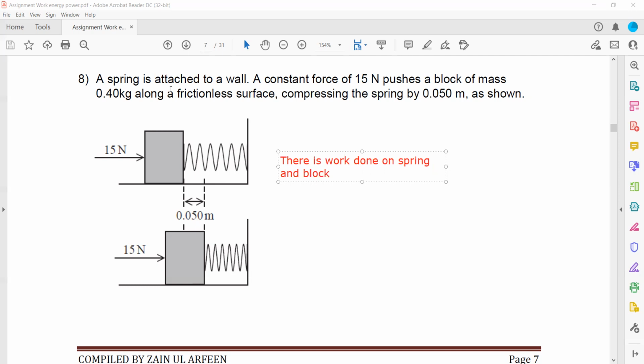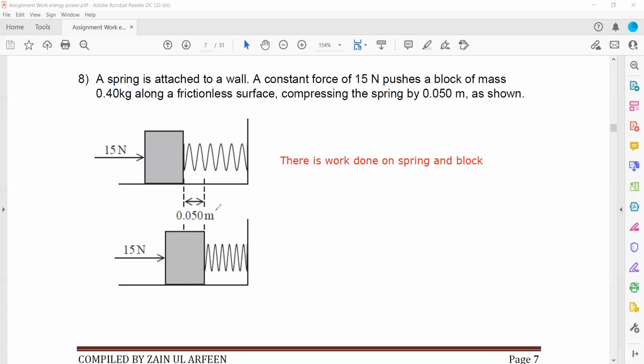If there was no spring, and the student said that I did work done of 15 into 0.05, then he is right. But as you can see in the figure, there is a spring as well as the block. So the work done is actually on the spring and the block both.